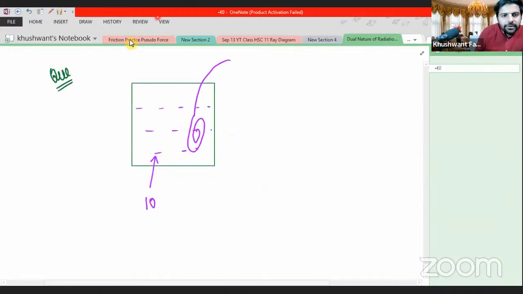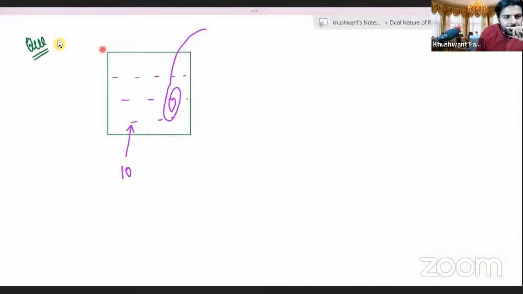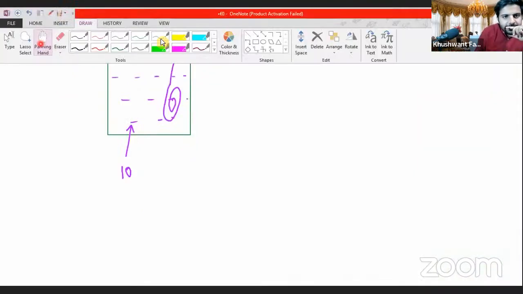Suppose the amount of water that you're putting into it is 500 grams.